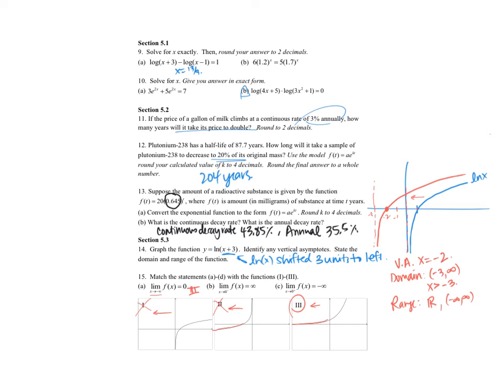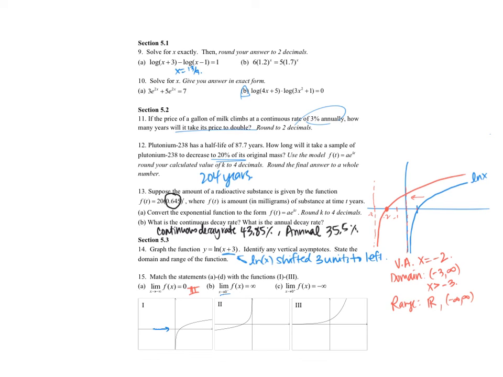Okay. For the next one, it wants the limit as x goes to 0 from the left to be infinity. So what that means is I'm going to be approaching 0 from the left-hand side and looking at what the y value does.